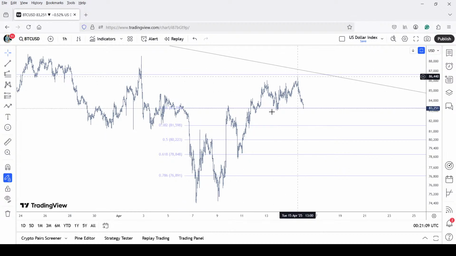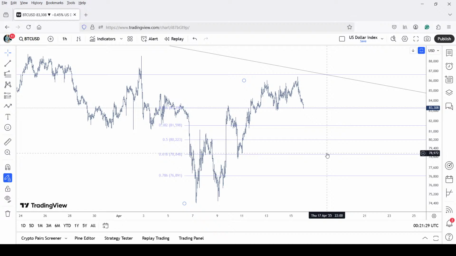It's still a corrective wave. It's three down and three up and possibly five waves. So we are still in waiting mode. We need to see price confirmation dropping back towards the 80,000 or 78,000 before we can commit on the long side.